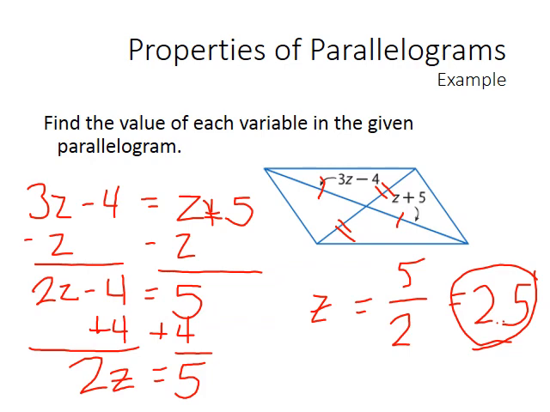Okay? Diagonals of a parallelogram bisect each other, and that's how we can solve for missing parts, using that property.